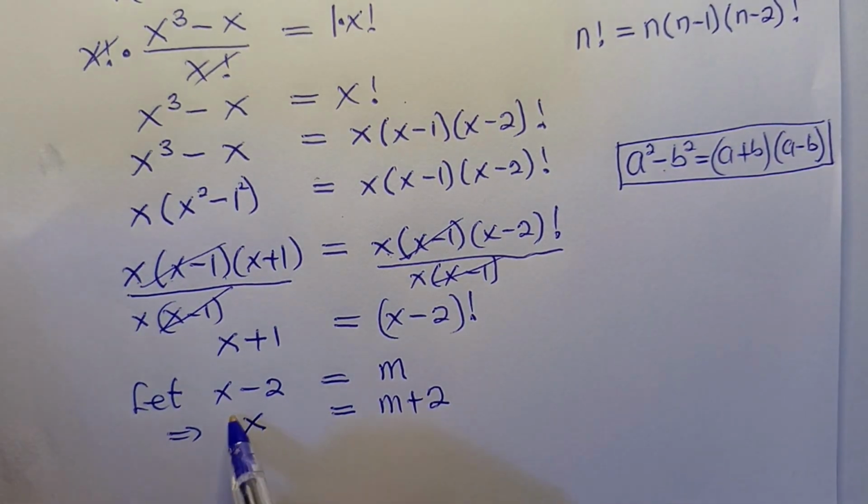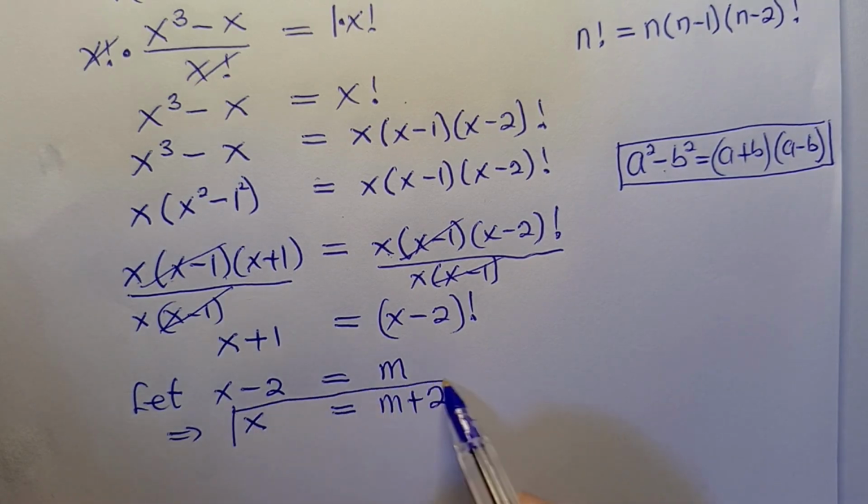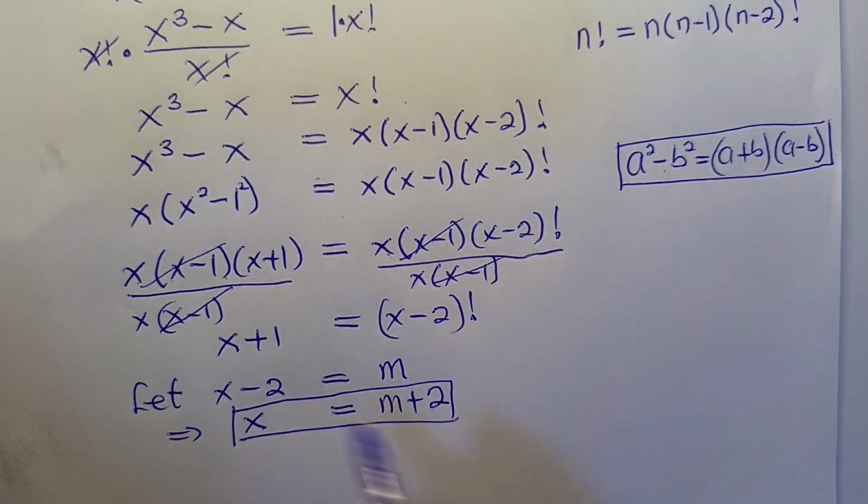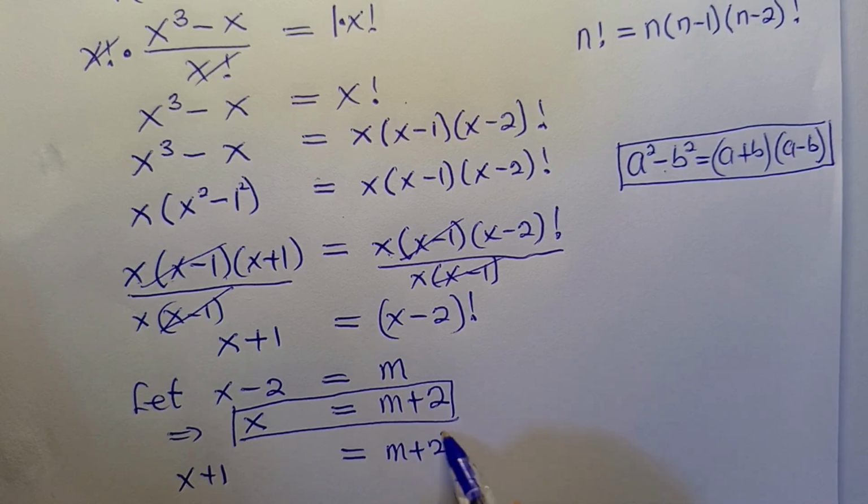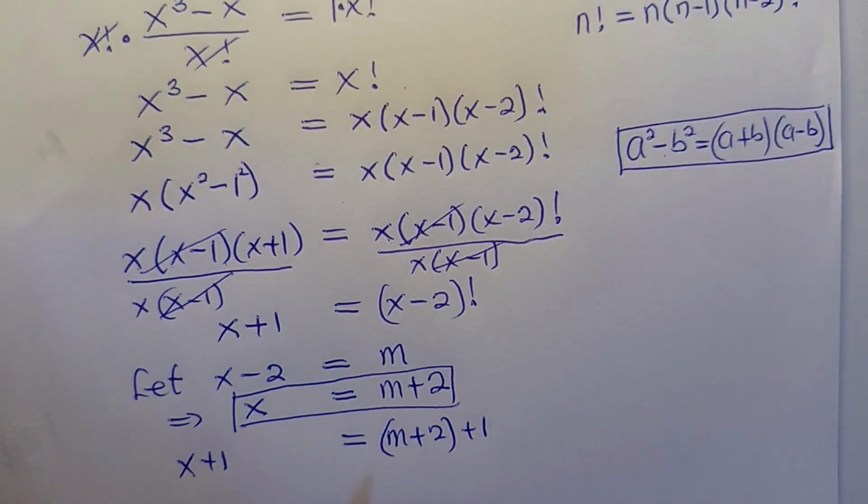So if x equals m plus 2, then x plus 1 will be equal to m plus 2 plus 1, which will give us m plus 3.